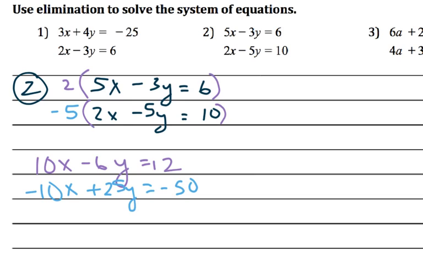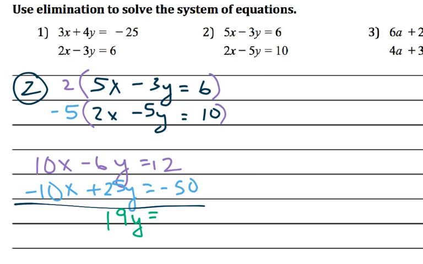With these stacked up, 10x gets eliminated, and we are left with 25 minus 6, which is 19y. Now, the unfortunate consequence of multiplying both equations is that you really just end up with larger numbers in both of them.